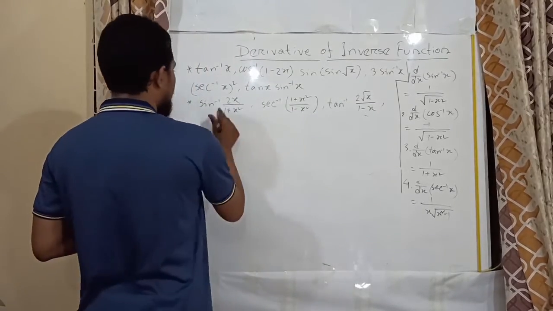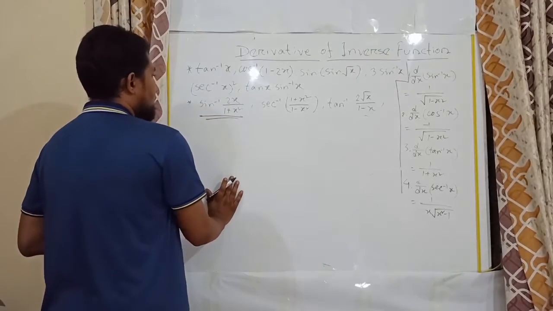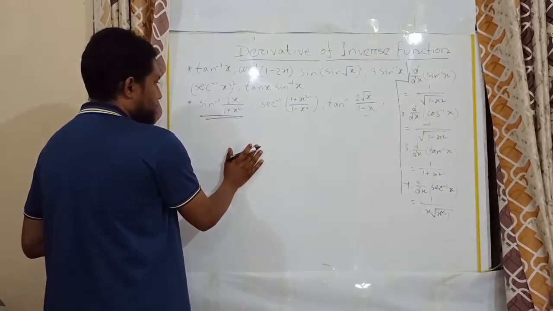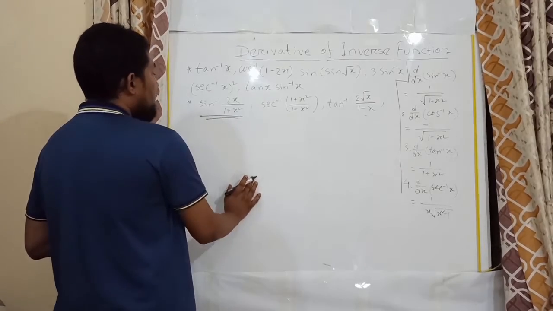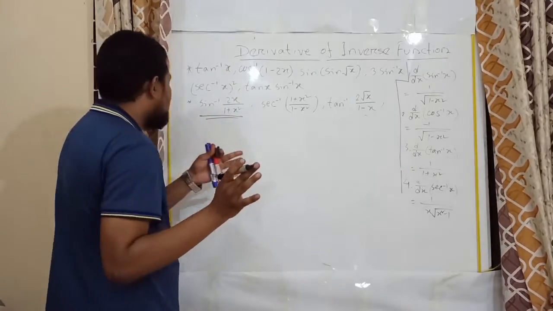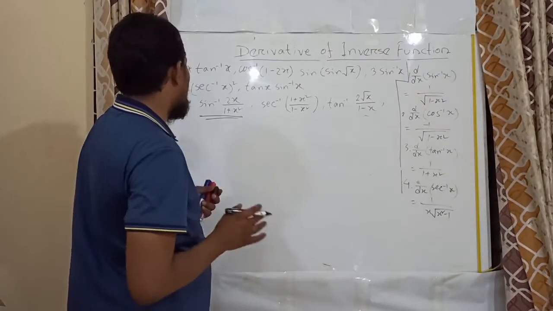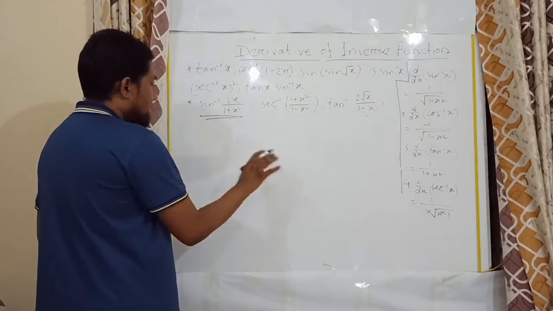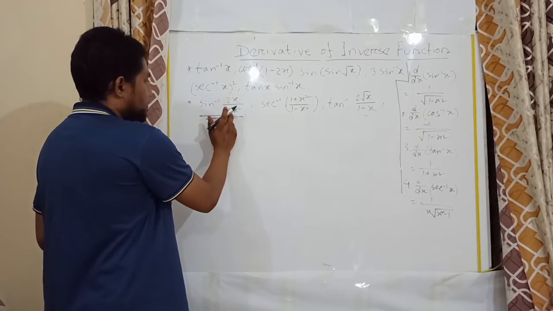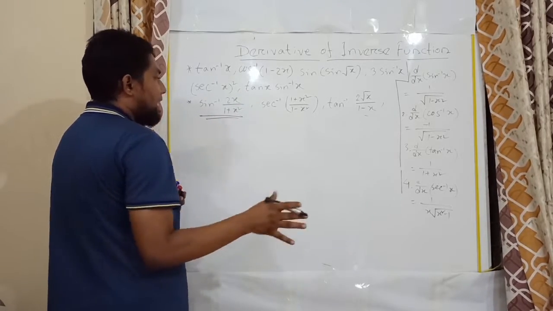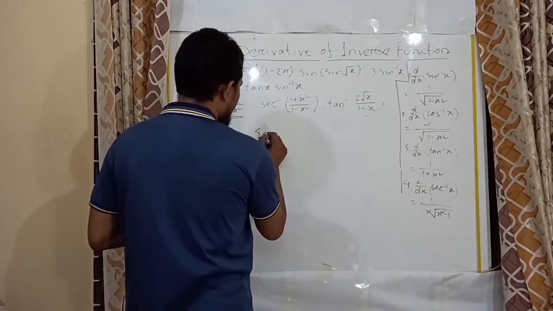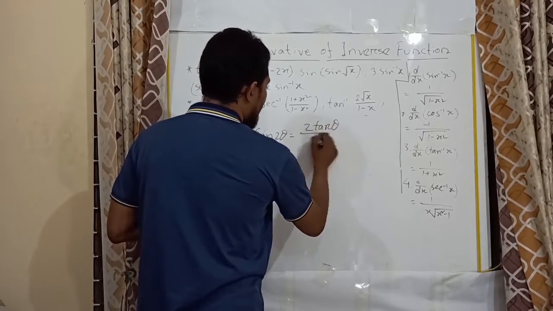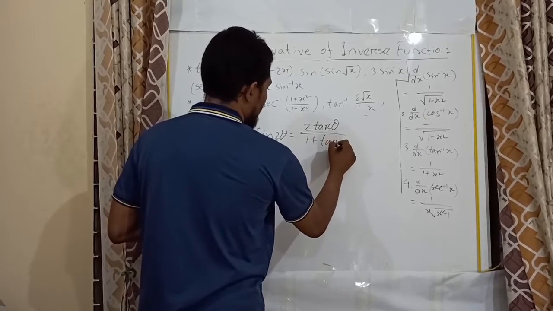And here now come here, sin inverse 2x by 1 plus x square. So 2 tan theta by 1 plus tan square theta, you might make yourself wrong. Why? Because as previously I have done, there it was minus, but here it is plus. So there is another formula, sin 2 theta equal to 2 tan theta by 1 plus tan square theta.